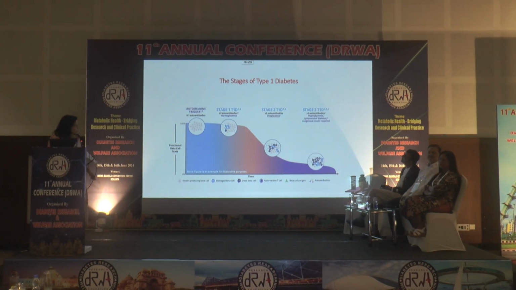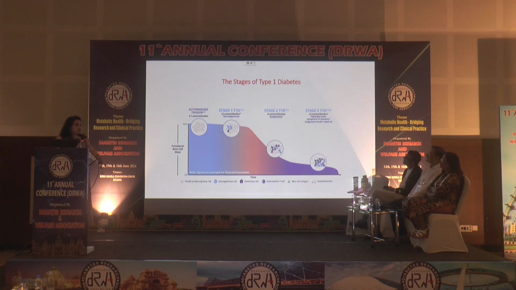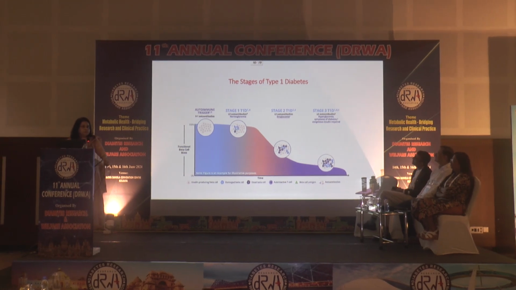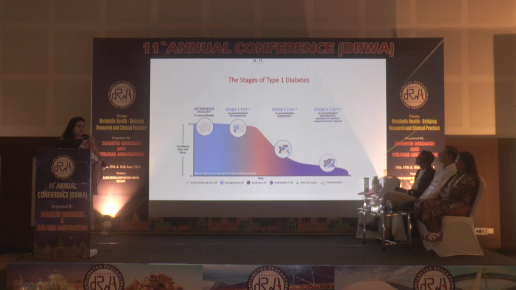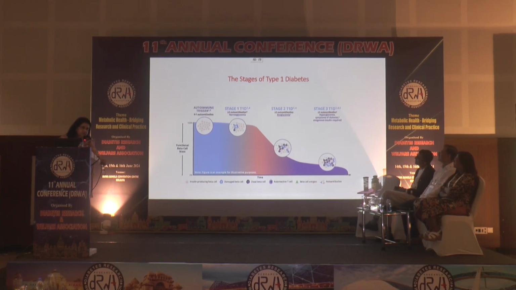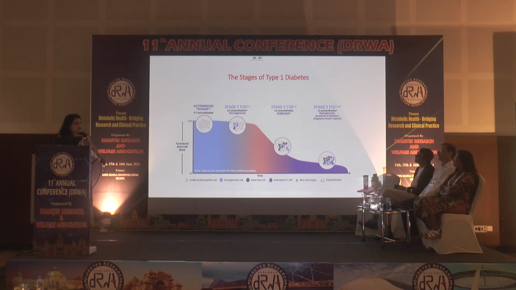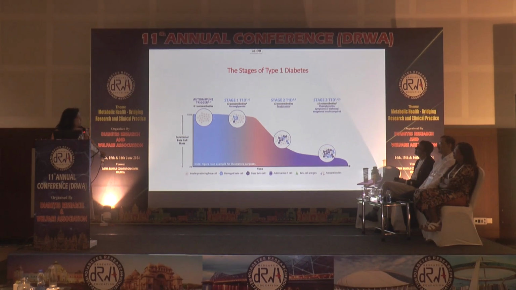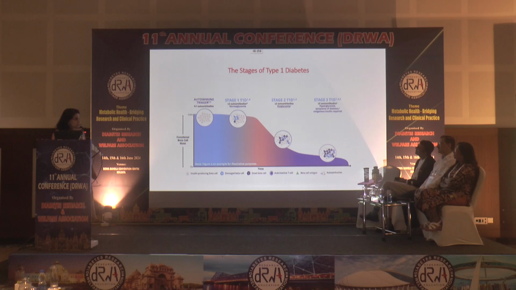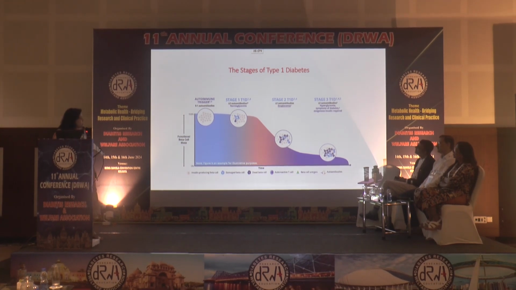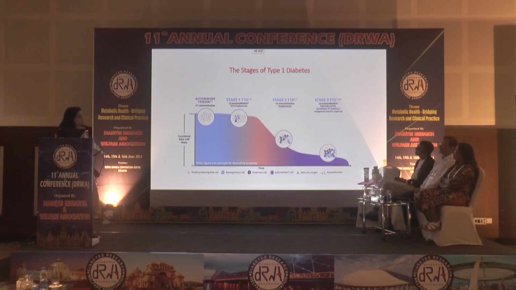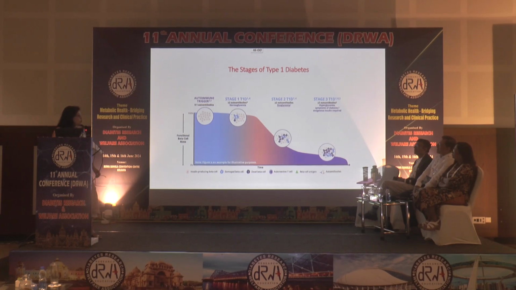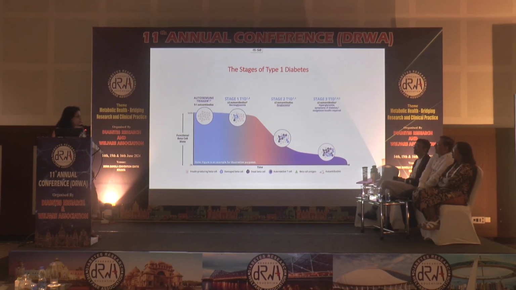So we'll just start from the basics, the stages of type 1 diabetes. These were found out because 200,000 first degree relatives, which means siblings, parents, and children of type 1 diabetics, were studied for a very, very long time. Among these, it was found that stage 1 is when there are 2 or more autoantibodies, but there's normoglycemia.